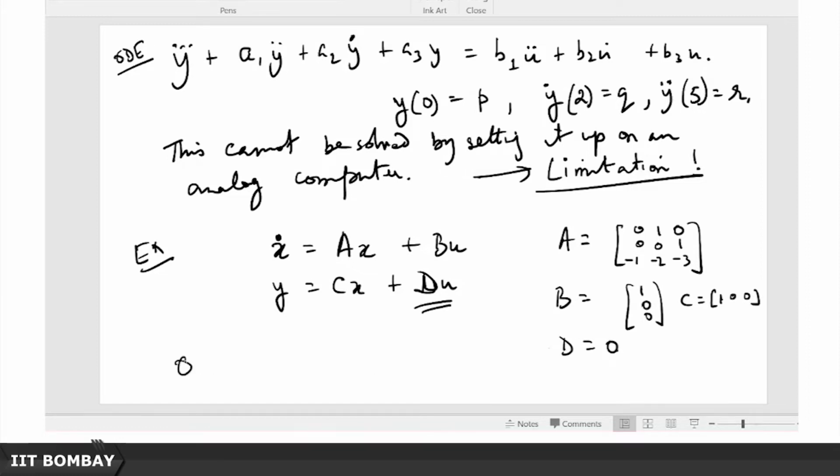So the question is to obtain G(s), the transfer function, which is given by C times (sI minus A) inverse B plus D.